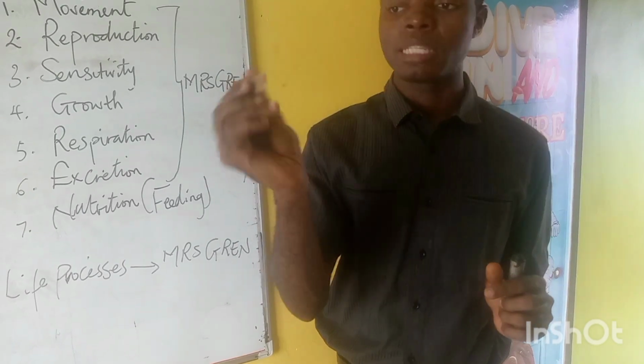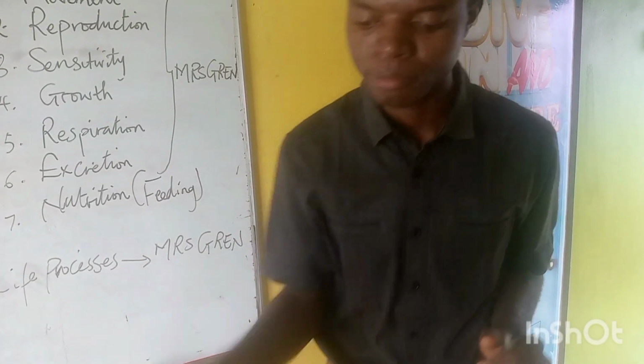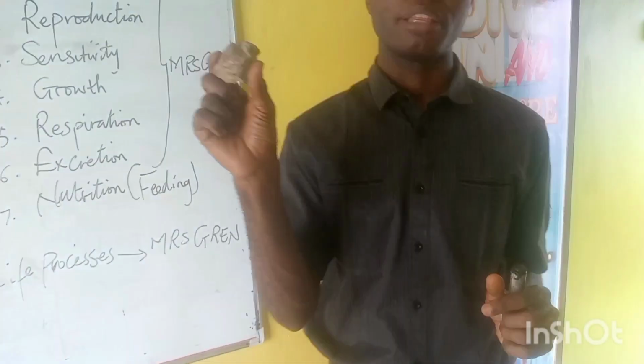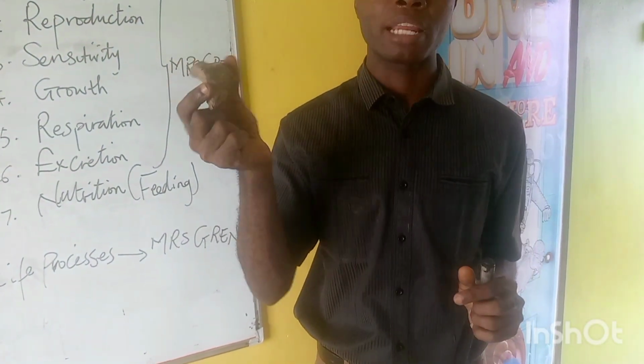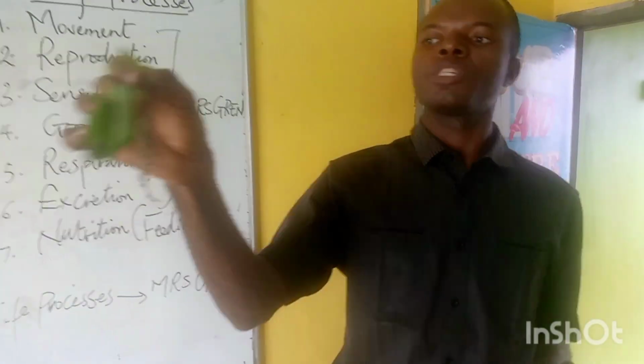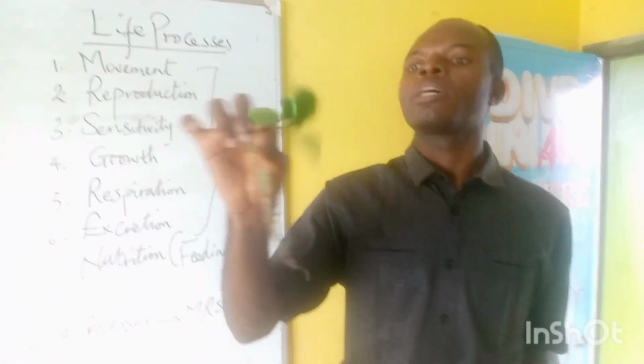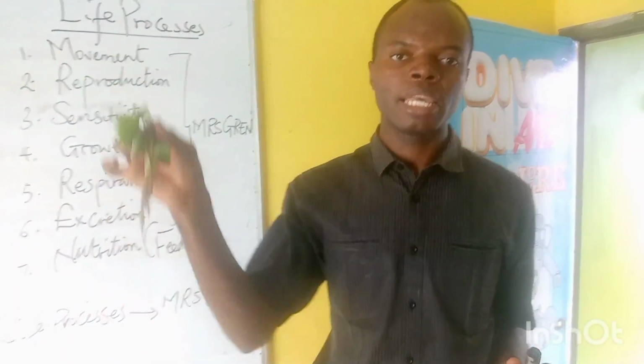It's from a plant. It was once living, but now it's dead, so it's a non-living thing. Stone is a non-living thing. It does not have Mrs. GREN complete in it. While this young plant is a living thing. It has Mrs. GREN completely in it.